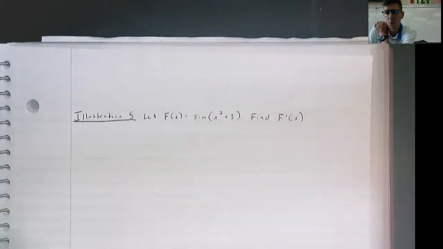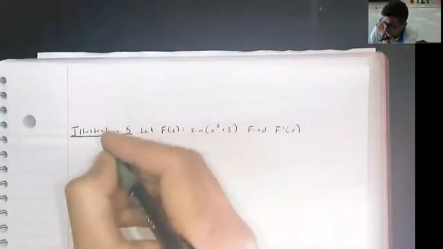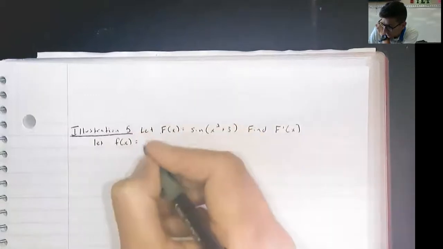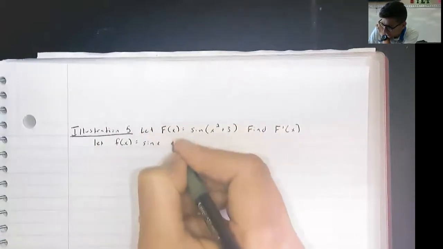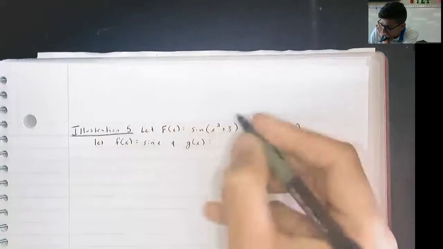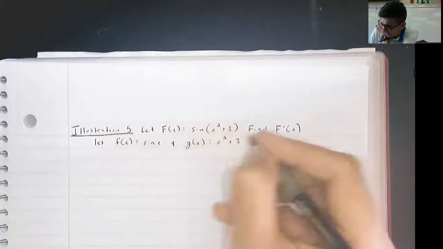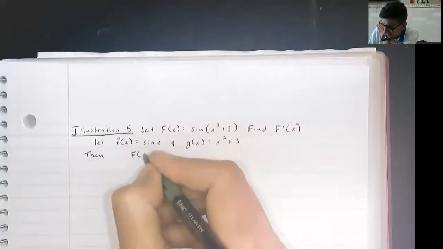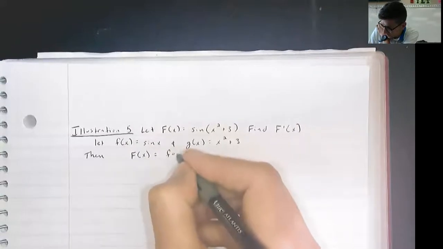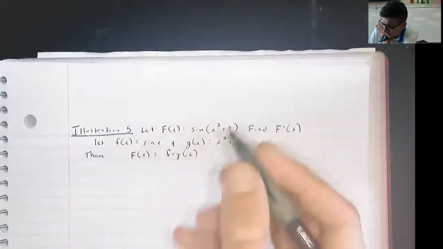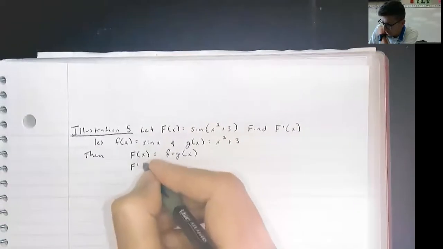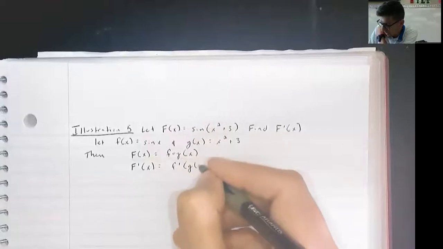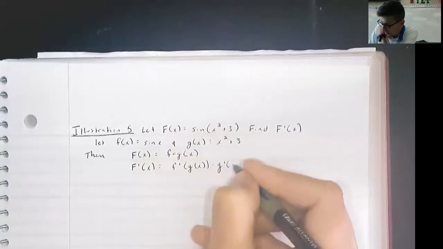So if we wanted to do that deliberate thing, we could say, let the outer function f of x be sine of x, and g of x, the inner function, be x squared plus 3. Then F of x is in fact a composite function, f of g of x, and therefore the derivative of big F is f prime of g of x times g prime of x. Chain rule.